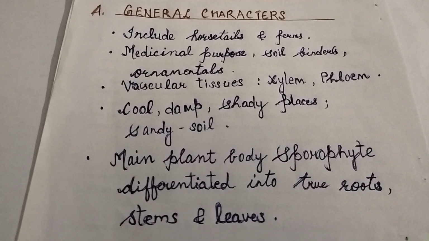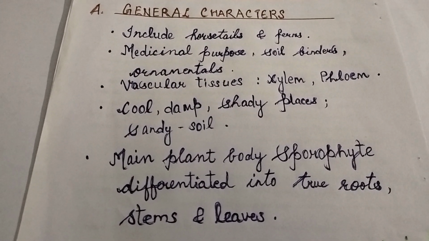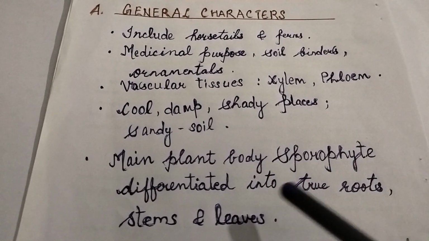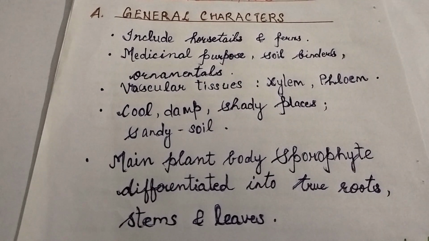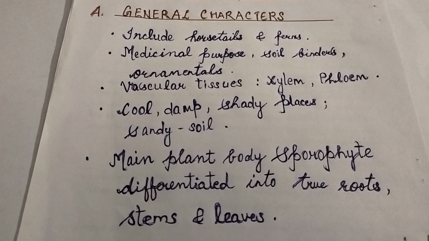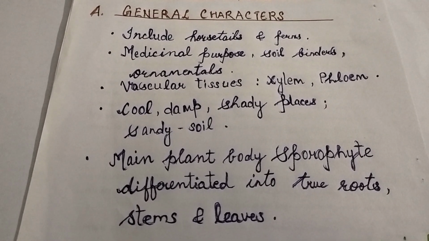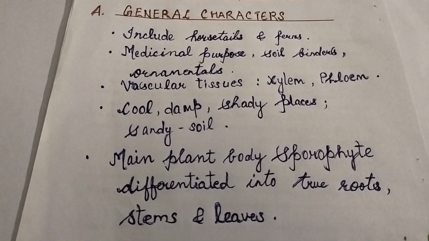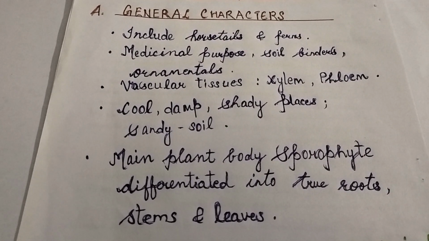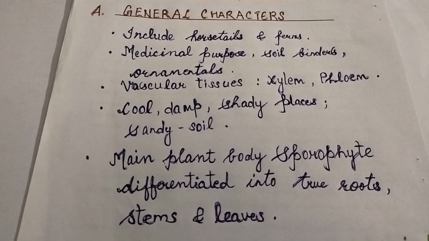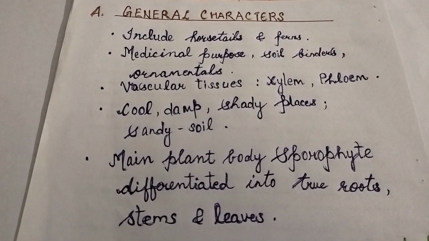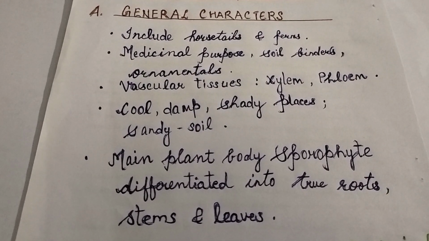That means the sporophyte is the dominant phase of the life cycle, and this sporophyte is well differentiated into true roots, stems and leaves. Remember, in bryophytes we have studied that root-like, stem-like and leaf-like structures are present. They are not true roots, stems and leaves.